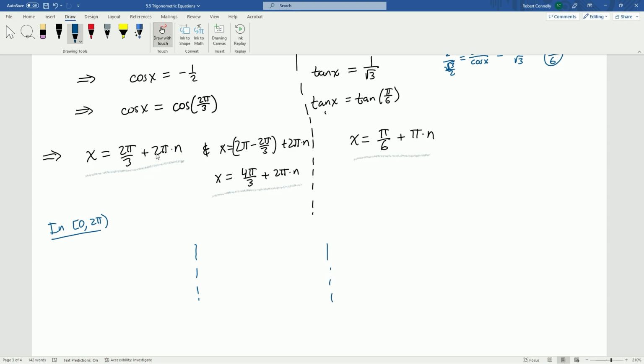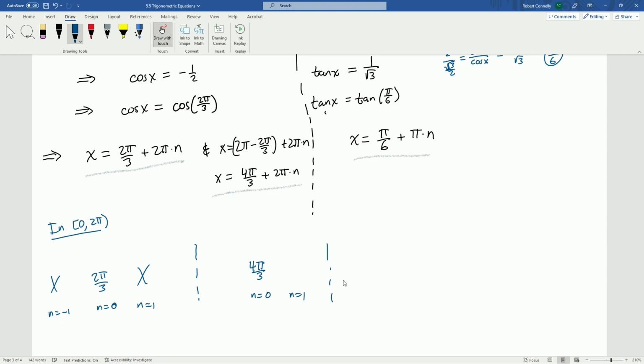So the first here, well, when n equals 0, we just get 2 pi thirds. If n was 1, I'd be adding 2 pi. That would be too big. If n was -1, I would be subtracting 2 pi. That would give me a negative value, so that doesn't work. Now over here, when n is 0, we get 4 pi thirds.